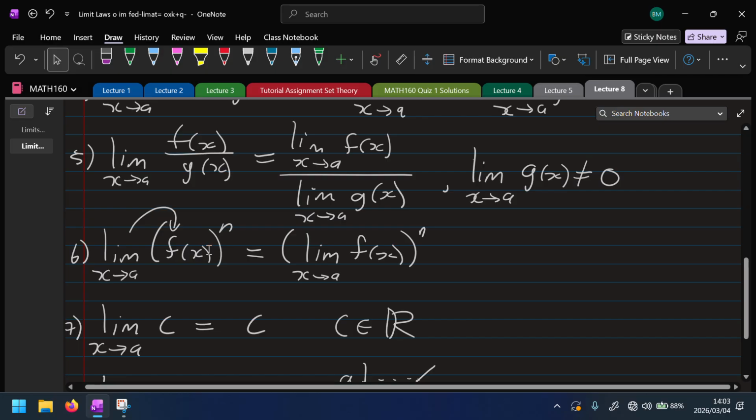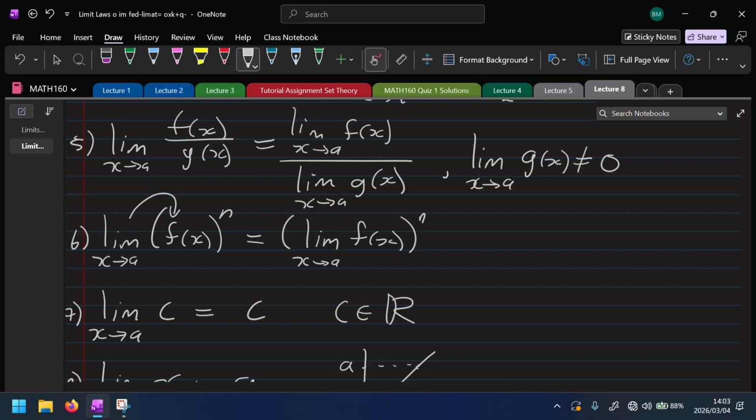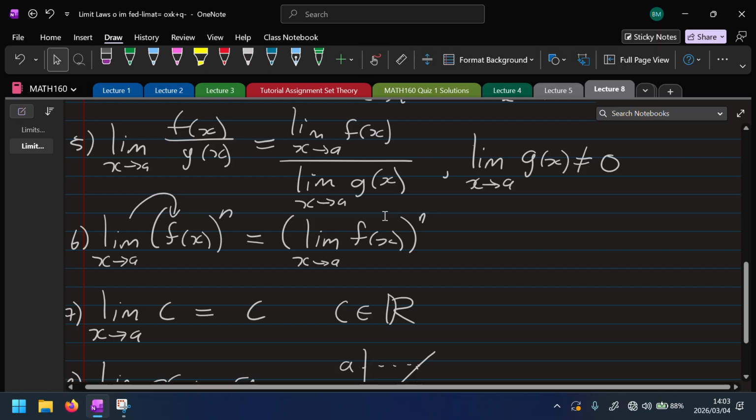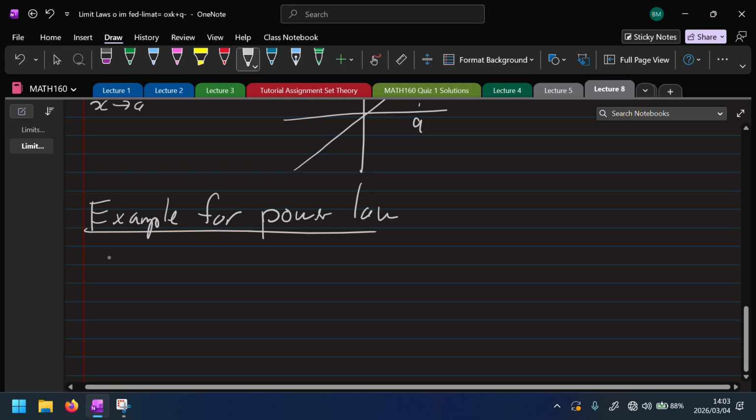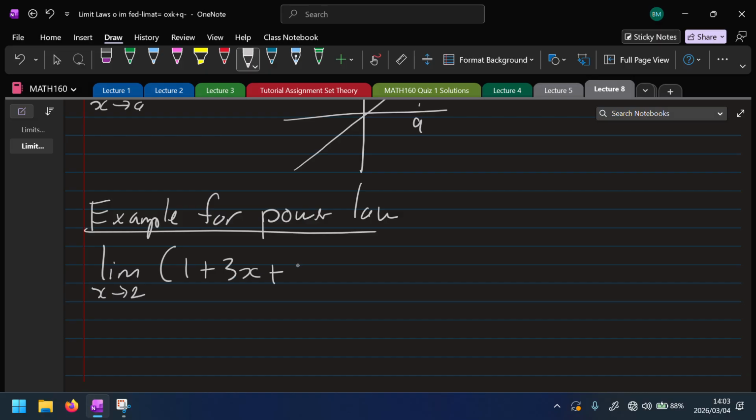The power one. Okay, we can do an example underneath here. Let's say we have the limit as x goes to 2 of 1 plus 3x plus 2x squared, to the 5. We've got some function in brackets, with 5 as the exponent.